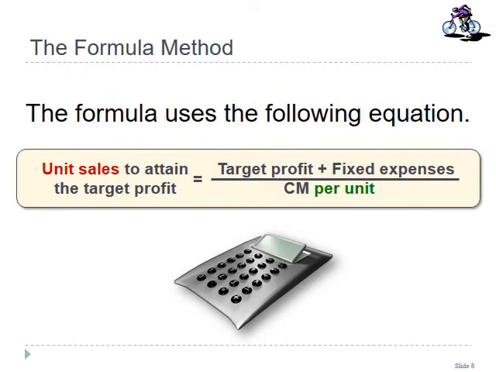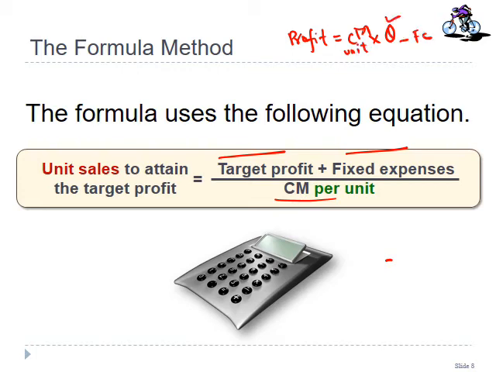Okay, now the formula method. If you want to use the formula method, this is the formula: unit sales is equal to target profit plus fixed cost divided by CM per unit. And this is basically the rearrangement of the equation. What we learned in the equation method is that profit is equal to CM multiplied by quantity, that is units, minus fixed cost.